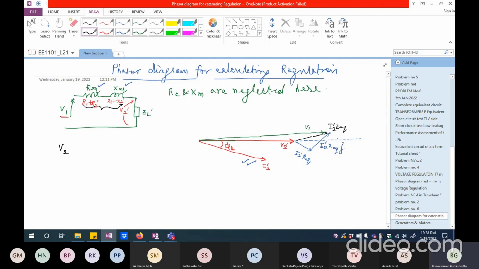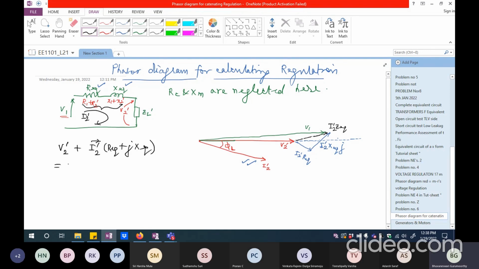So I should be able to say V2 dash plus I2 dash, whatever be the phase angle of I2 dash, I have to take that also into consideration. So I'm writing this as a vector multiplied by R equivalent plus J X equivalent.